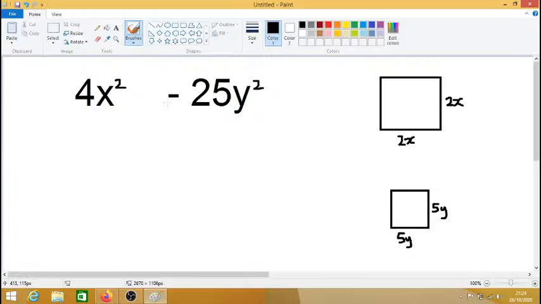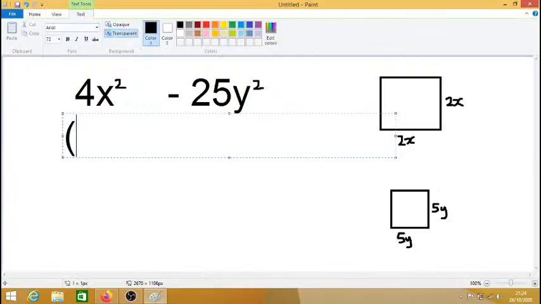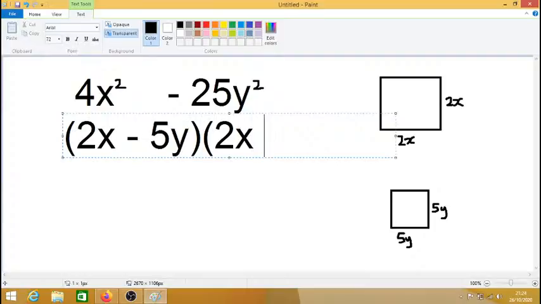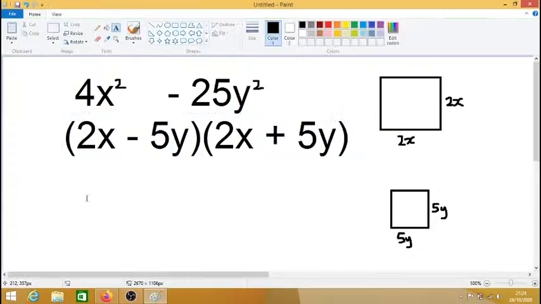So there's your big square, the 4x squared, there's your small square, and then we can just fill in the brackets now. So we take the big side, take away the small side, times by the big side, add the small side, and there's your difference of two squares.